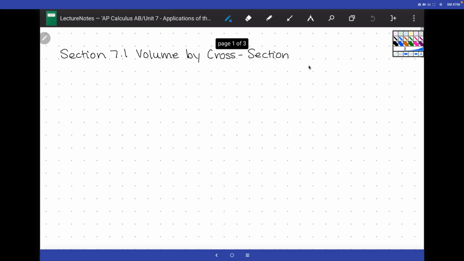Oh, you have to do alpha. And then now we get y equals.